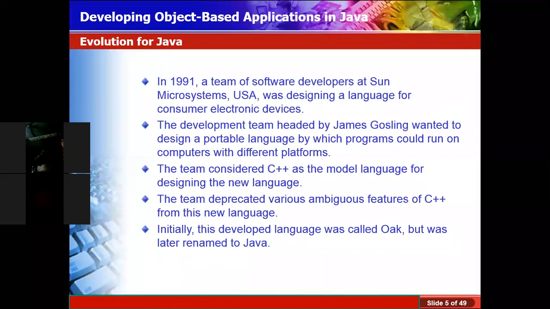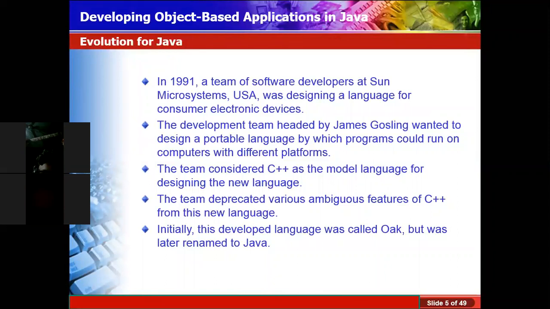Now, history of Java. In 1991, Sun Microsystems, a software development company, assigned a project for a health system. At that time, the team was headed by James Gosling.